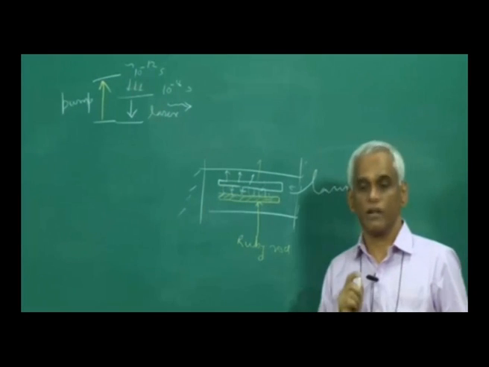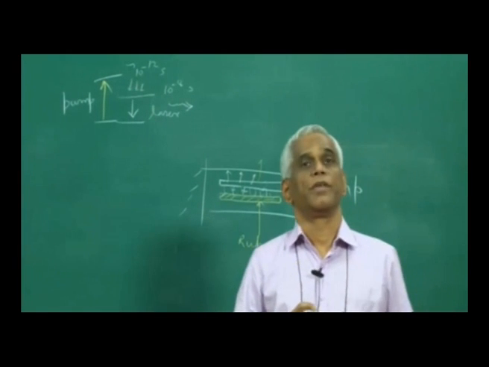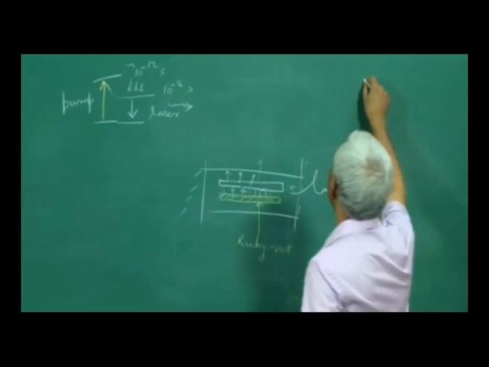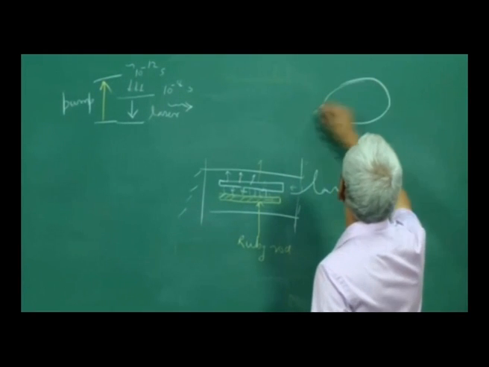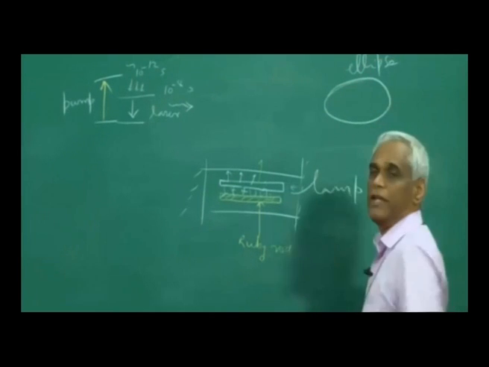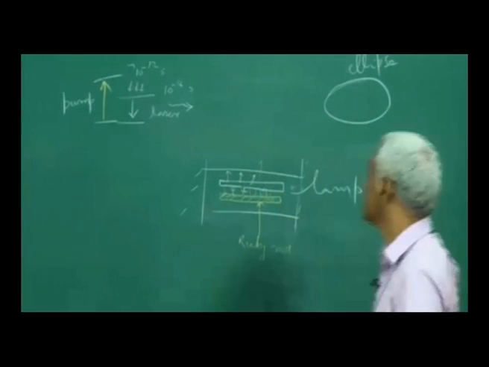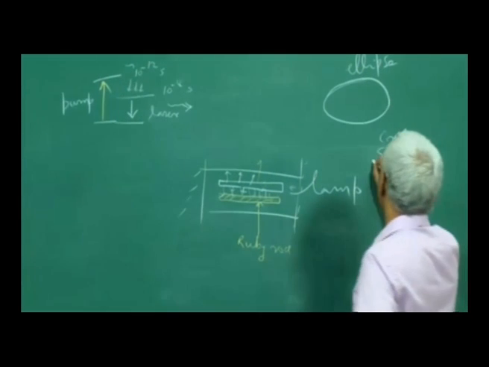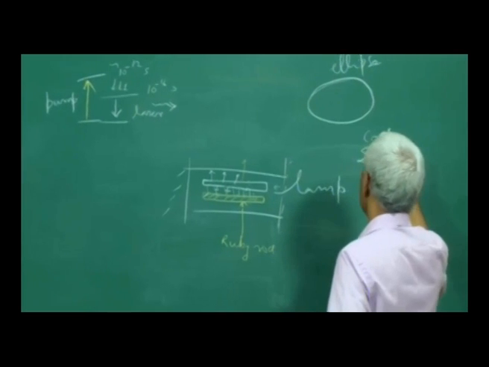So there is a very clever trick here. We make use of the wonders of mathematics here. We use an elliptical cavity. Doesn't look like an ellipse, but assume that it is an ellipse. This is the cross section of the cavity.